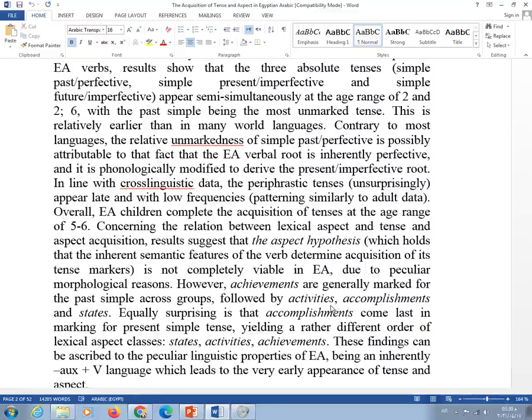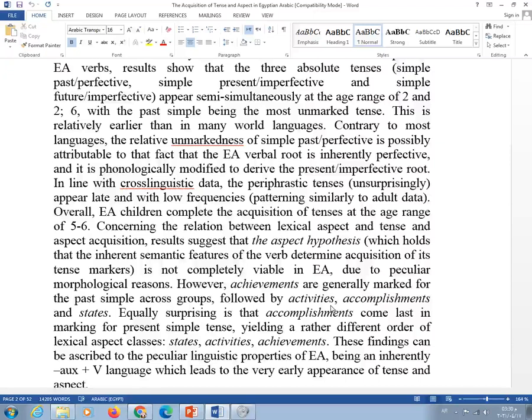For example, when you say he fell, the word fell itself is semantically an accomplishment verb, because the action has been done.